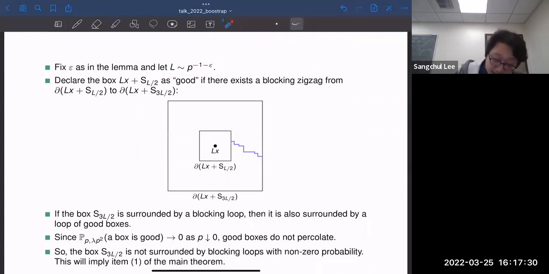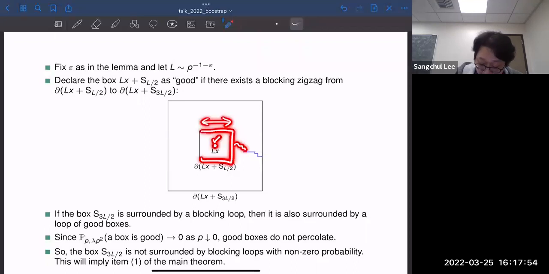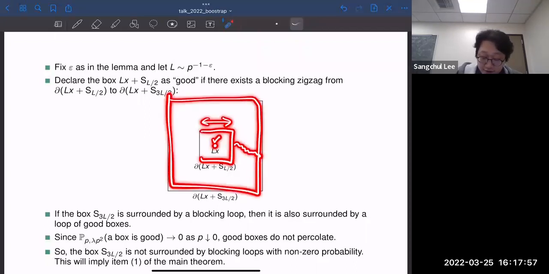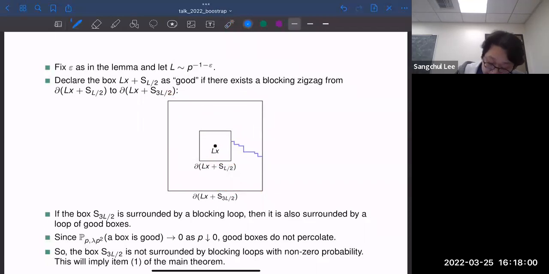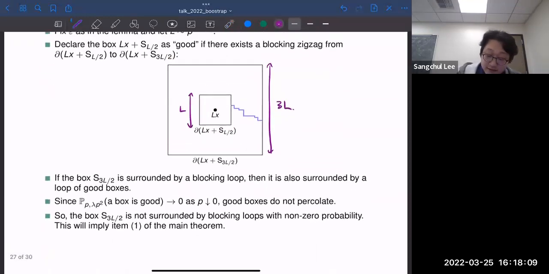We use this scale to introduce the rescaled grid, so that the box at LX of side length L will be called good if we can find a blocking zigzag from the square centered at that point LX of side length L to the concentric square of side length 3L. If this is the case, then I call this box good.